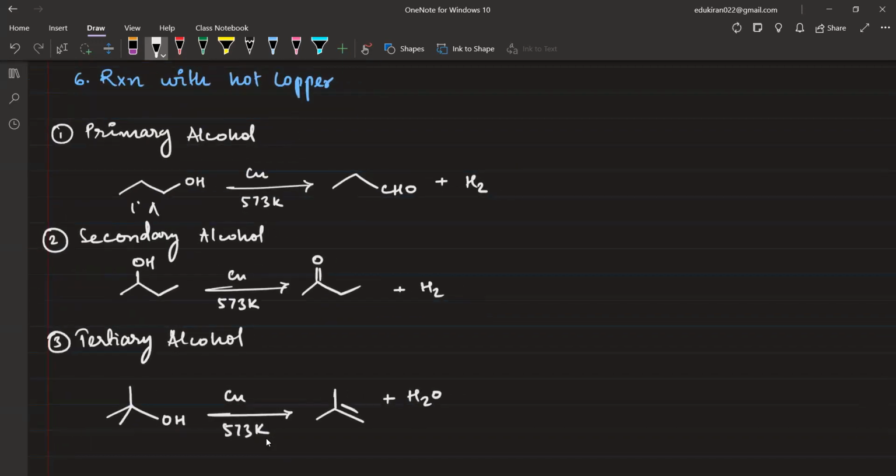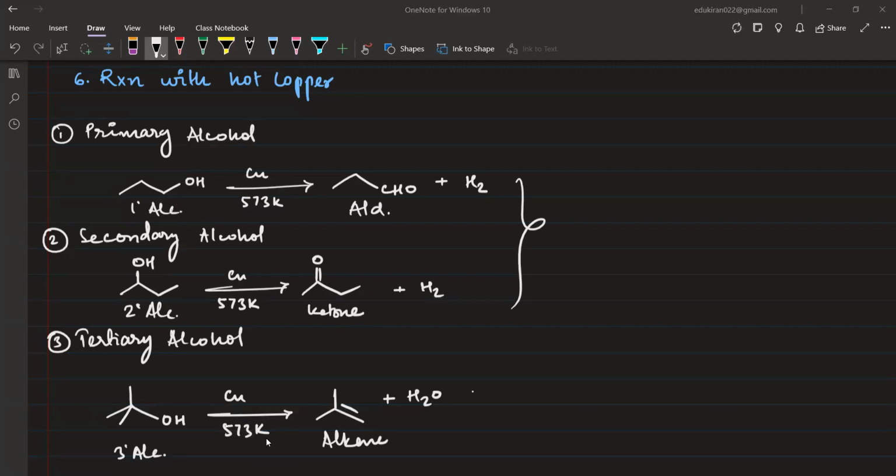So 1 degree alcohol gives aldehyde, 2 degree alcohol gives ketone, and 3 degree alcohol gives alkene. These two are more important. This one is not very important. We will see these two reactions once again in the method of preparation of aldehydes and ketones in the next chapter, aldehydes, ketones, and carboxylic acids.